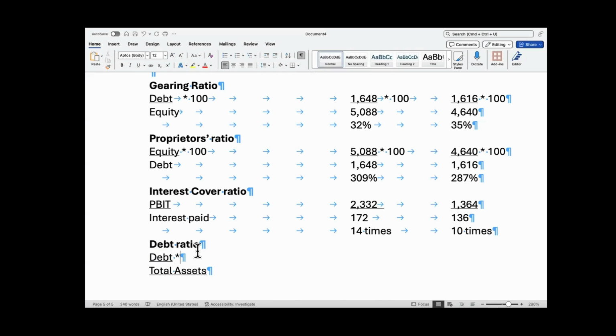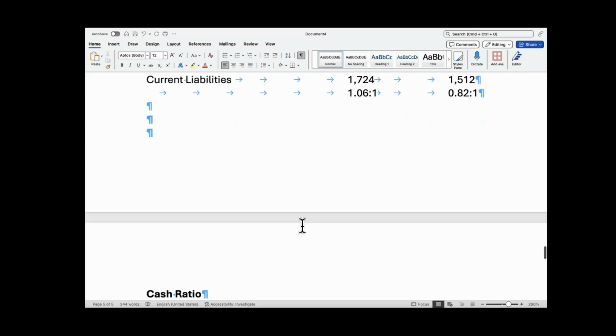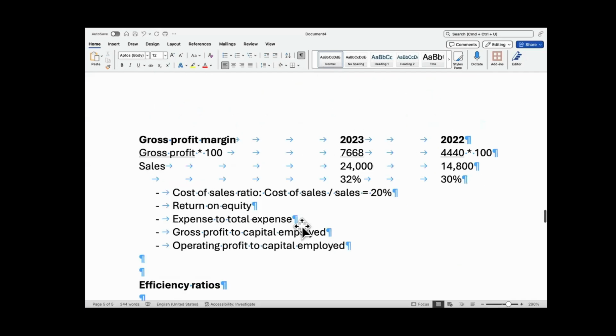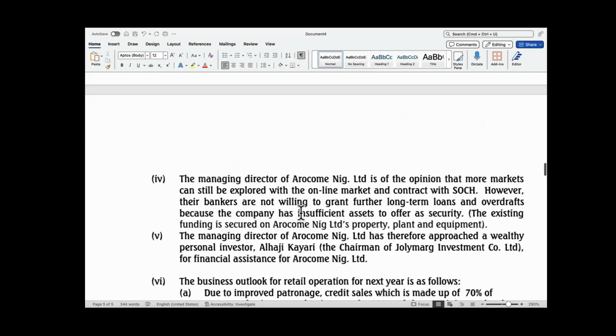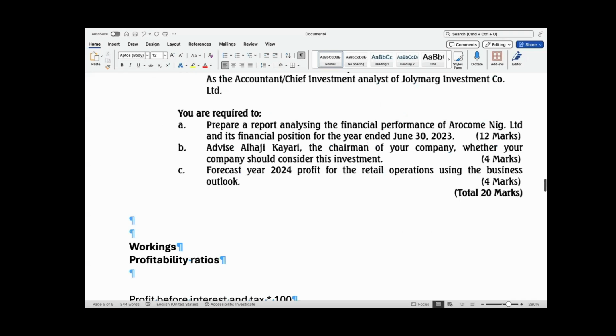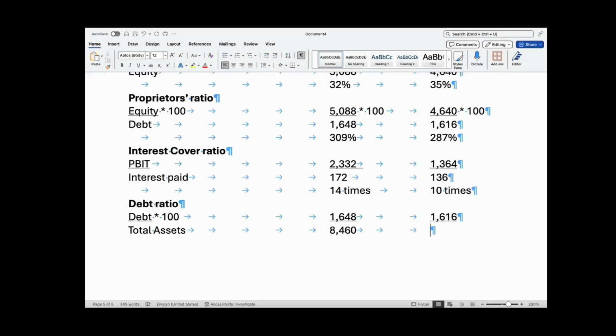So in 2022, my debt is 1648 and 1616. What's my total assets? 8460. Okay, 8460. How about this one? 7768.